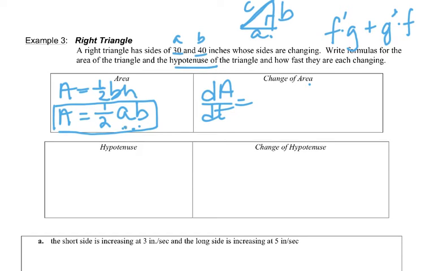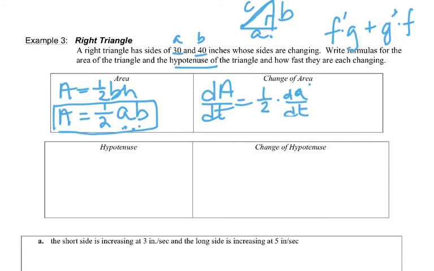So take the derivative of 1/2 a. Derivative of 1/2 a would just be 1/2 times dA over dt. Again, using a lowercase a, so capitalization is important because now we're talking about the side instead of the area. Okay, so that's the derivative of f right there.